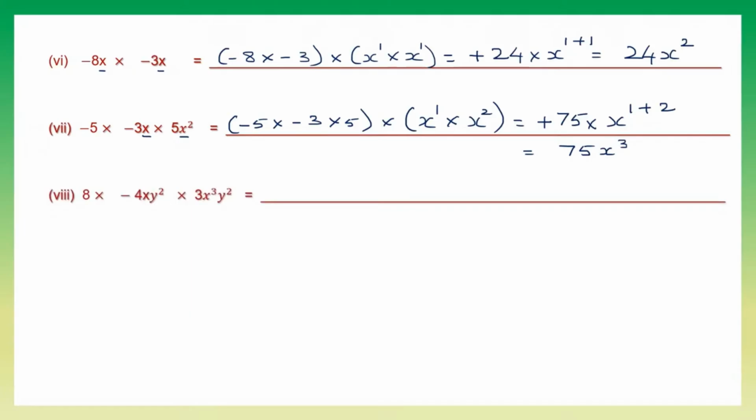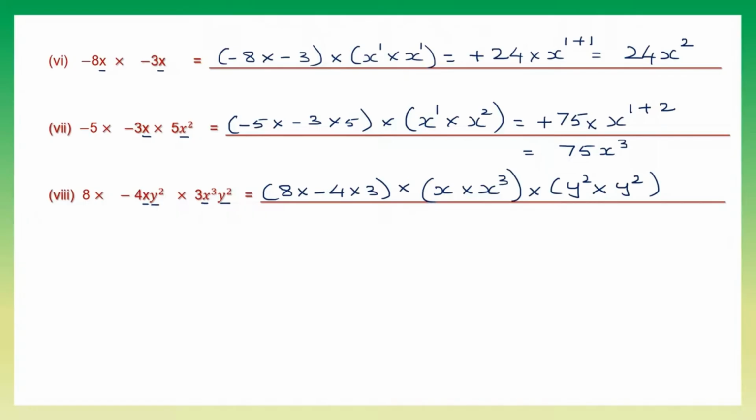Question 8. 8 into minus 4 into 3 will take first. 8 into minus 4 into 3 into, let's take the x as 1 here and x to the power of 3 here. So that will be x into x to the power of 3 into, we have y to the power of 2 here and y to the power of 2 there. So y square into y square. Let's multiply this.